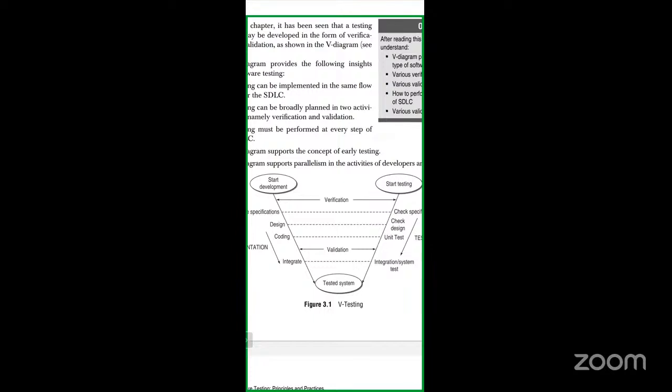Checking the specifications, checking the design, and unit testing, all these things are done in the verification. When it comes to validation, we go for integration and system testing on the other side, and on the implementation side, we go for the integration. That is, we integrate all the individual modules as a single unit.